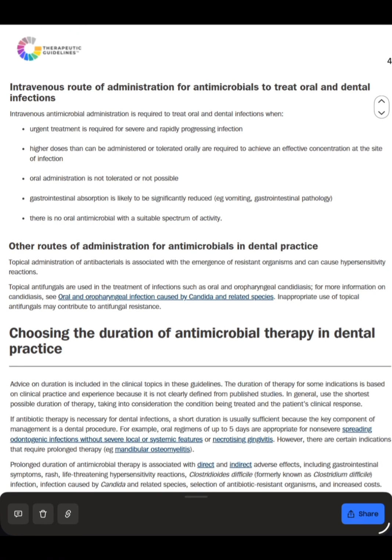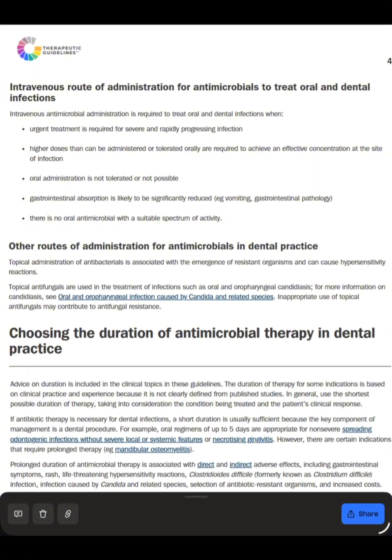Now, the intravenous route of administration for antimicrobials to treat oral and dental infections. Intravenous antimicrobial administration is required when urgent treatment is needed for severe and rapidly progressing infection, when higher doses than can be administered or tolerated orally are required to achieve an effective concentration at the site of infection, when oral administration is not tolerated or not possible, or when gastrointestinal absorption is likely to be significantly reduced.